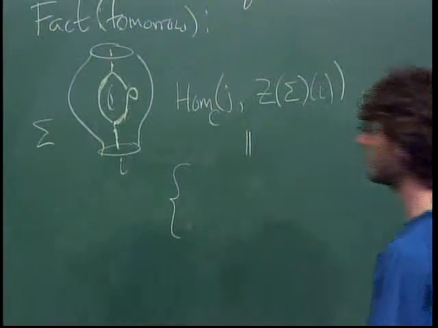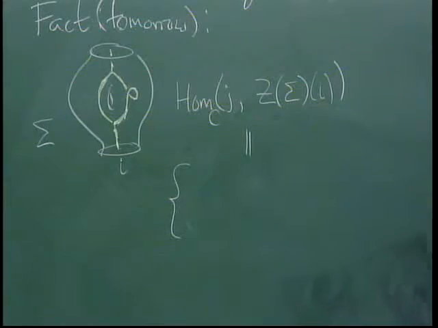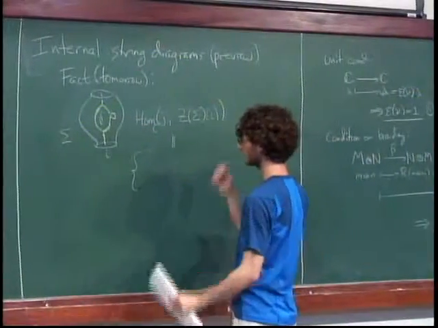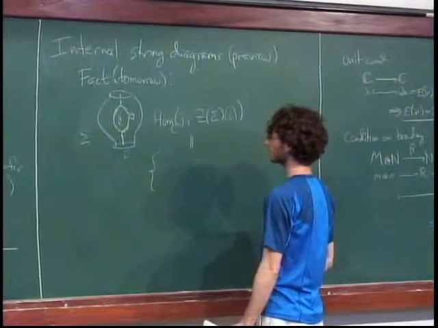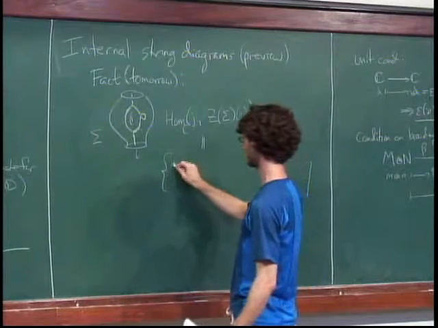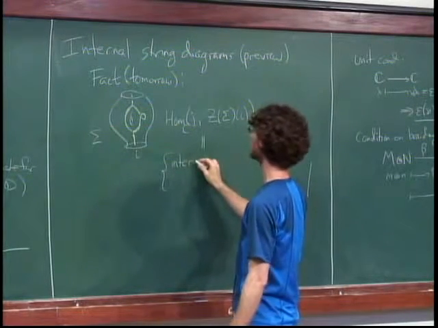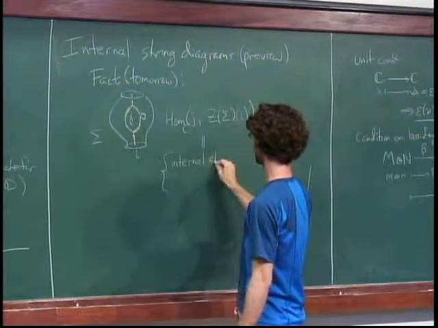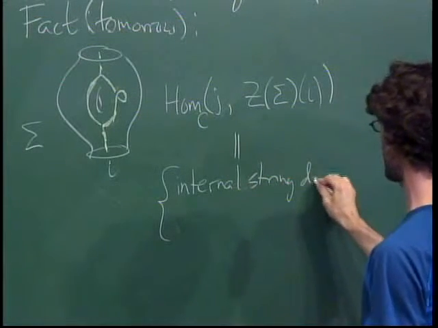Anyway, so that's something living in the three-manifold that sits inside this surface. Such a thing is called, well, one name for it is an internal string diagram.